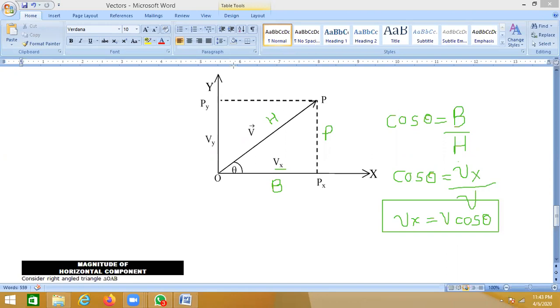Similarly, we can do it for the vertical component as well. So if we can see the vertical component here, let me change this color. Okay, so the vertical component can be derived from the formula of sine theta.